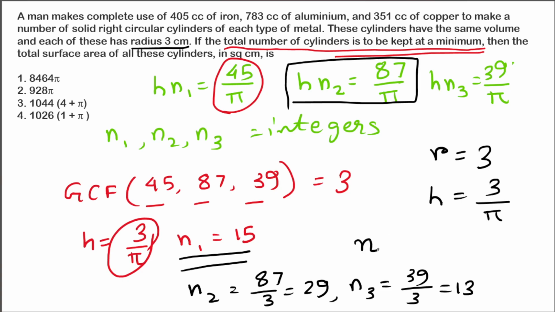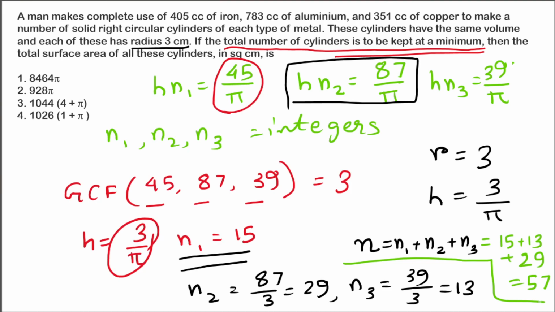So total number of cylinders would be n1 plus n2 plus n3, right? This will come out to be 15 plus 13 plus 29, right? So this is 57. Okay.